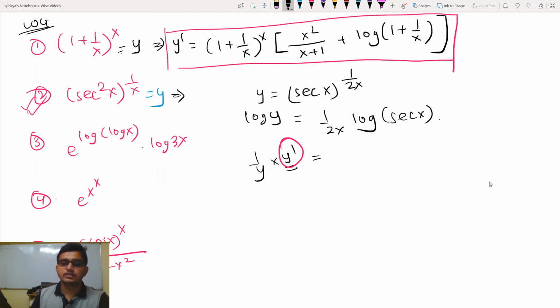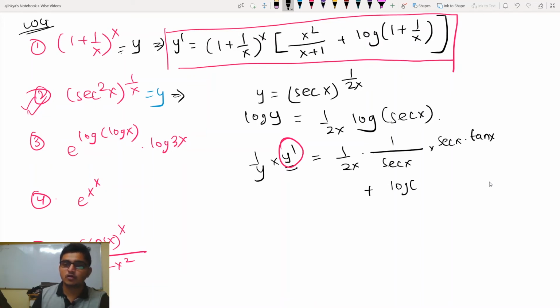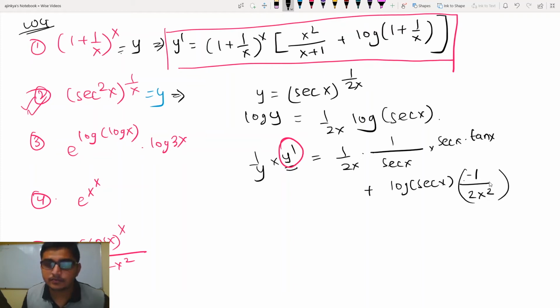Differentiating this, we keep constant 1 upon 2x times the differentiation of log of sec x, which is 1 upon sec x times the differentiation of sec x, which is sec x times tan x, plus, now this time we keep the log term constant, which is log of sec x times the differentiation of 1 upon 2x. The differentiation will be minus 1 upon 2x square. So this is the differentiation.